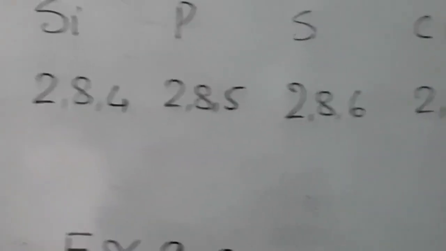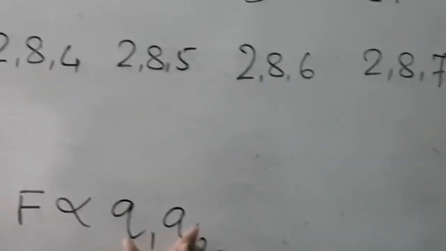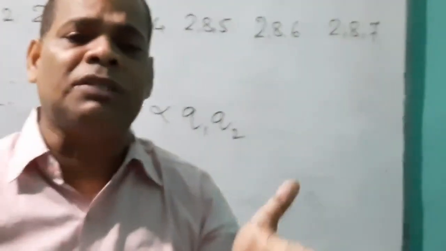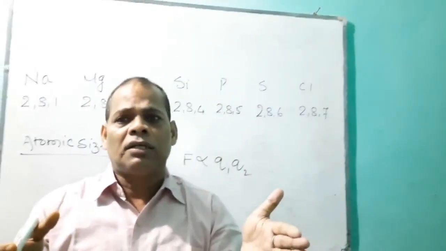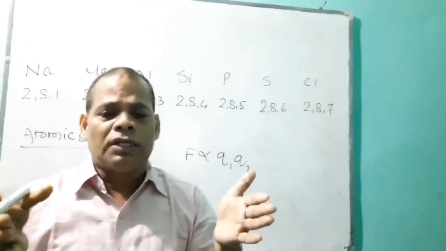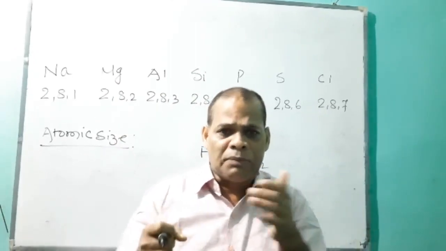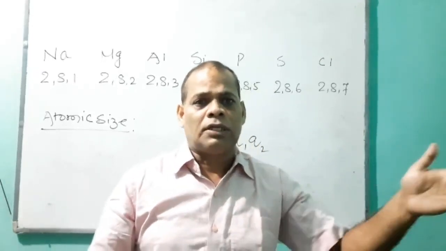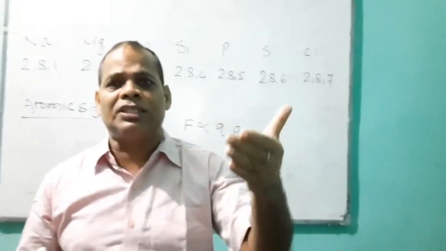Along the period, the magnitude of the charge is increasing. So due to the magnitude of charge increasing, the electrostatic force of attraction acting between the nucleus and the outermost shell containing electron becomes stronger and stronger while moving from left to right. So my dear students, what is happening? There is a size contraction taking place.